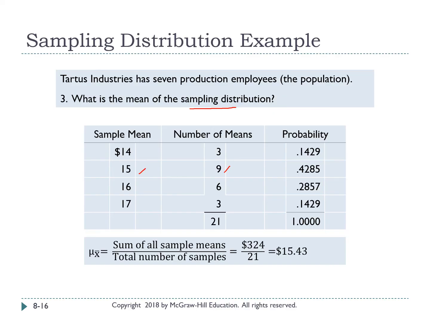If you want to compute the mean of your sampling distribution, you can use the weighted mean. Basically you can also use the arithmetic mean, but I think it is easier to compute using the weighted mean.